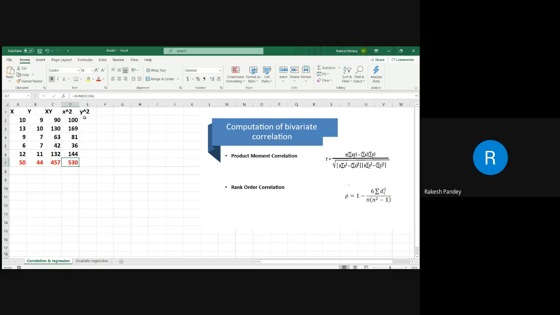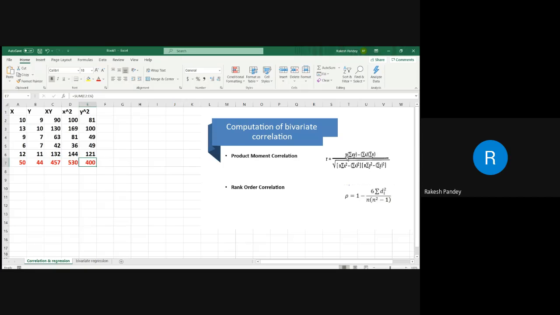Now similarly, we will square the value of y. So 9 into 9 is 9 square. So y square, and let us drag this, and when we sum this value, 400 will be the value of summation y square. Now one thing we are still missing, that is this n.